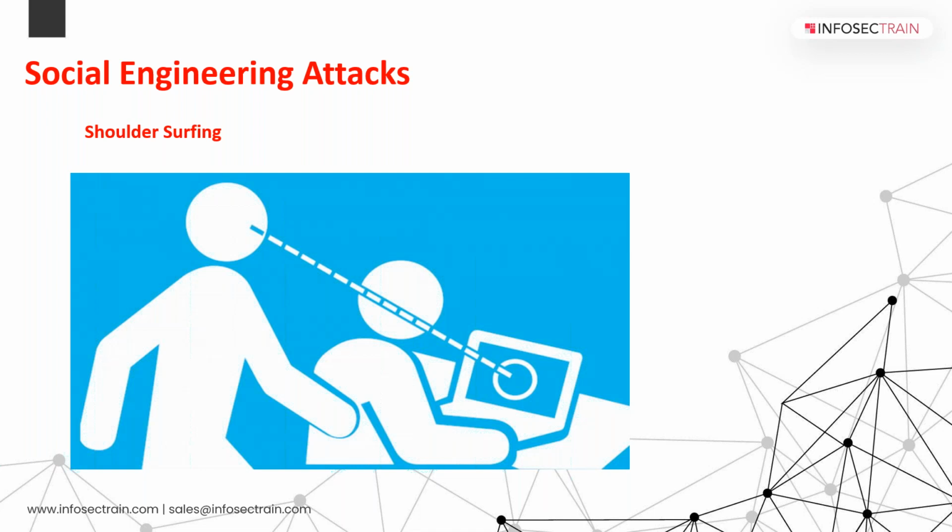Someone walking by simply sneaks a look at my monitor while I'm typing the username and password. Now he has seen the username and password. He can simply try to log in to that account with the help of that. That is your shoulder surfing. I'm not very much aware that someone is standing behind me.